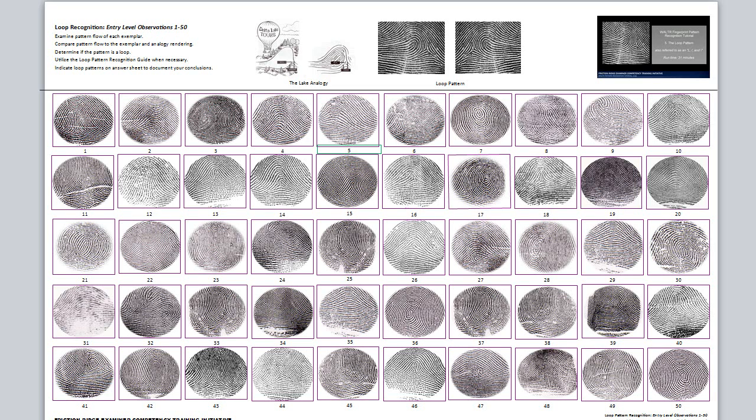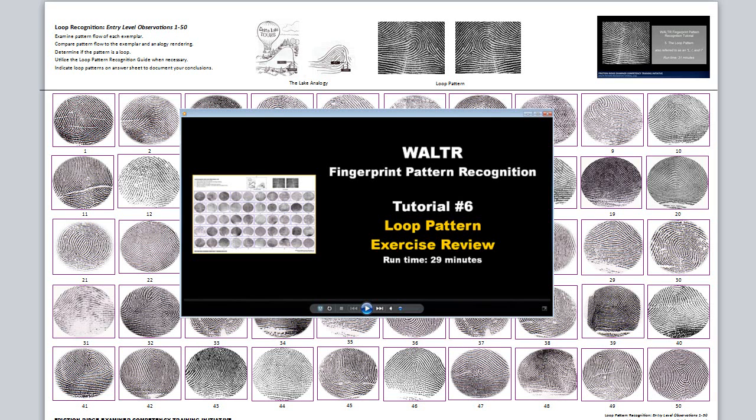I just want you to put a capital L over the loop patterns, capital A over the plain arches, and a capital T over the tented arches. So review each one of the exemplars and identify them with the patterns that you have learned. Then you will be able to review a video and see what all the answers are.